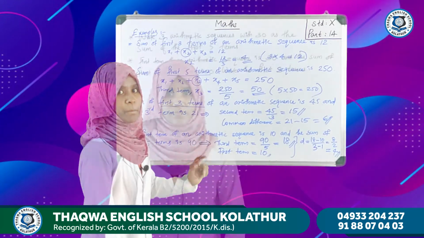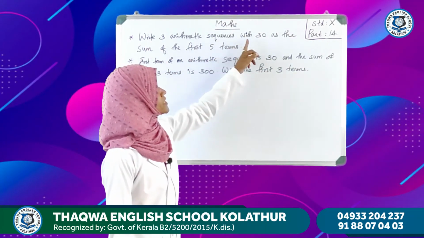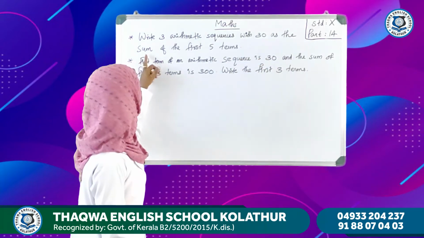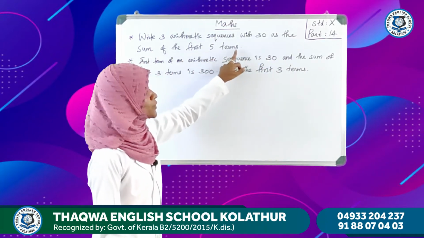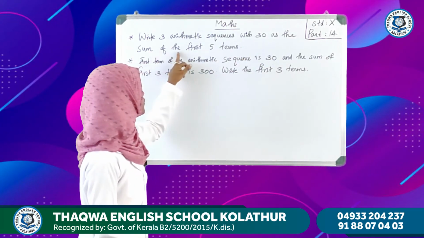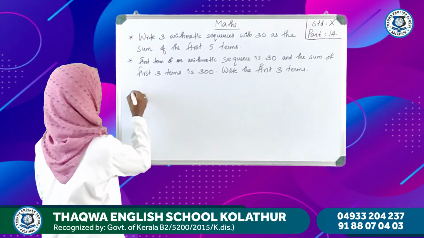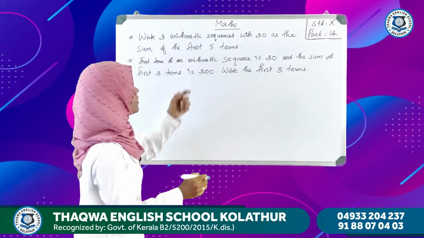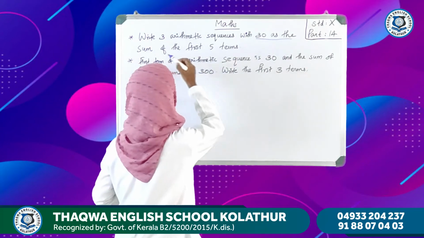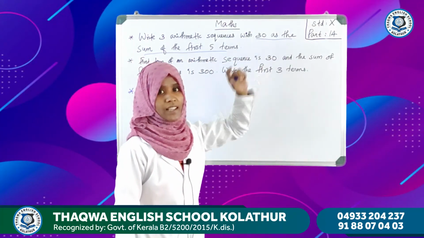Okay, first question. Write 3 arithmetic sequences with 30 as the sum of the first 5 terms. So what we get from this? Sum of first 5 terms is 30.